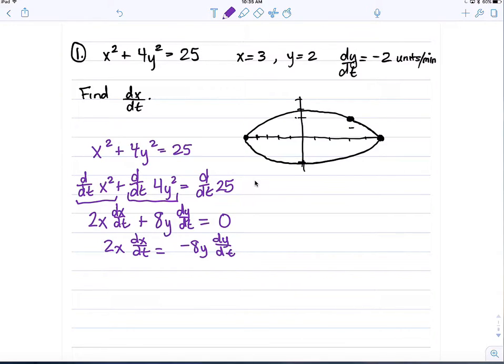Solving for dx/dt, what do we do? Divide both sides by 2x, good. So dx/dt, let's simplify that, is just going to be negative 4y over x.